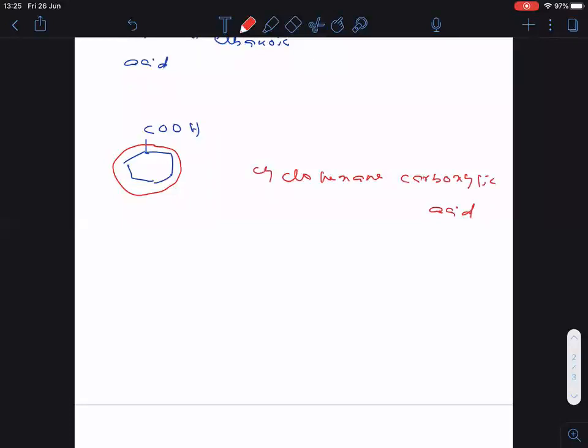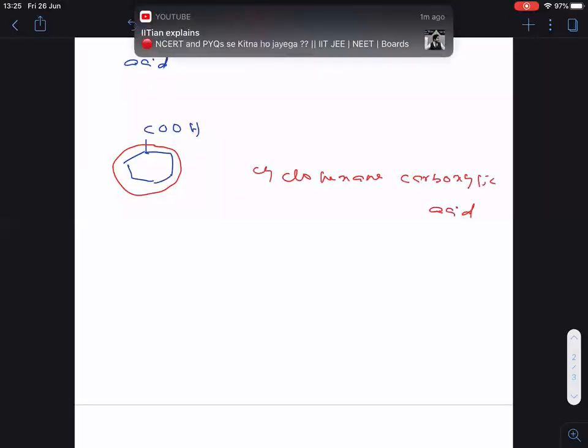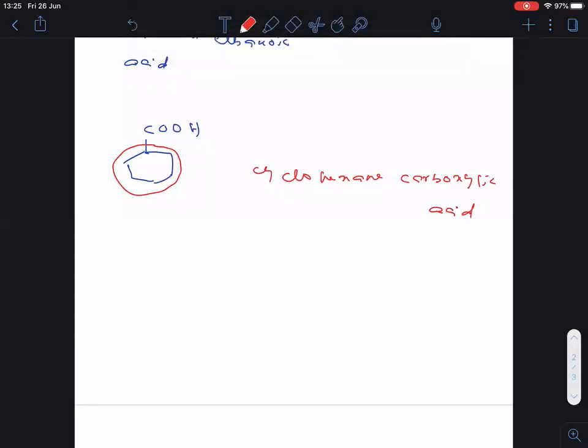Remember, everyone. So this is cyclohexane carboxylic acid. Clear?